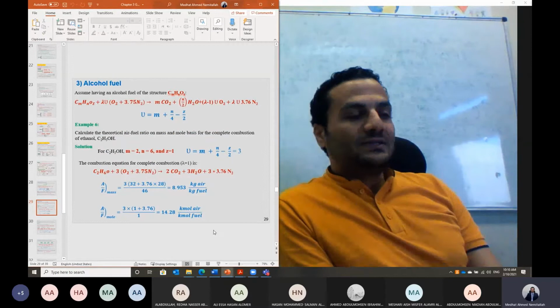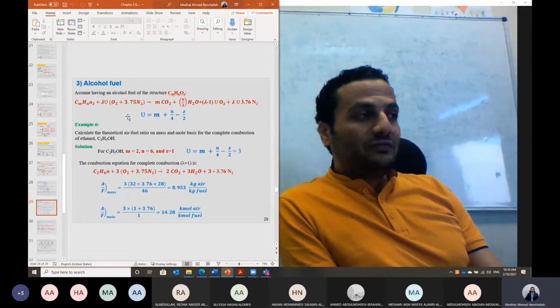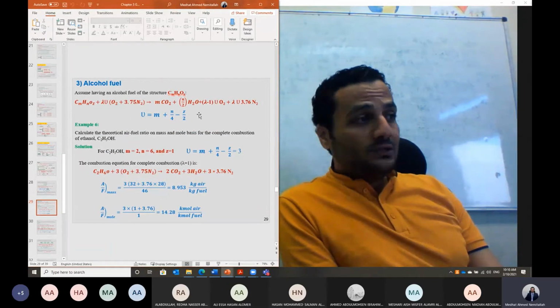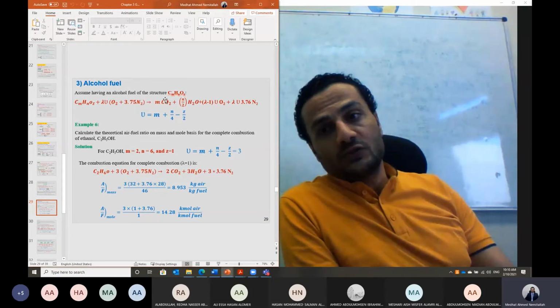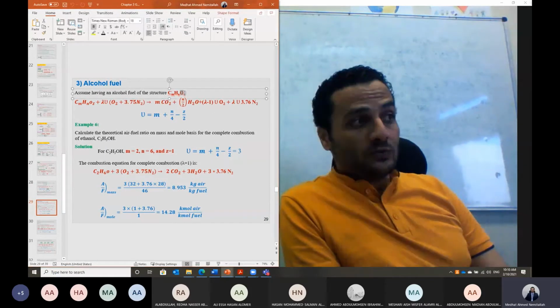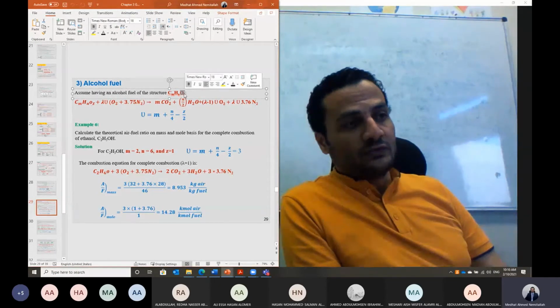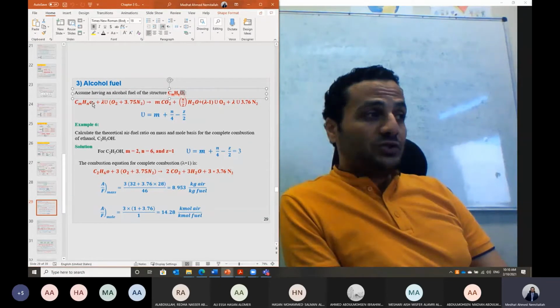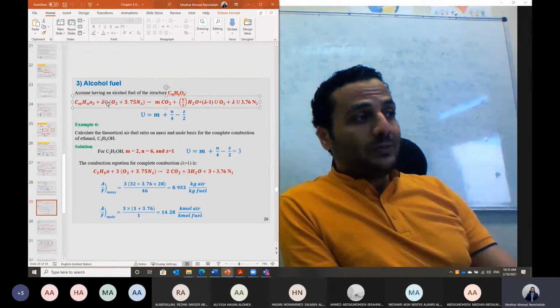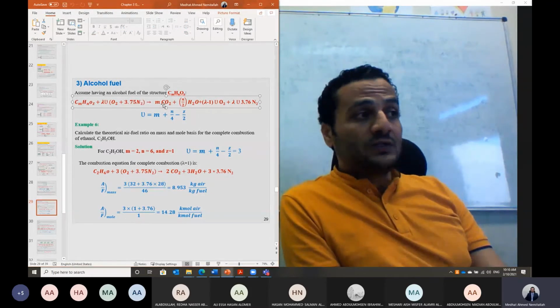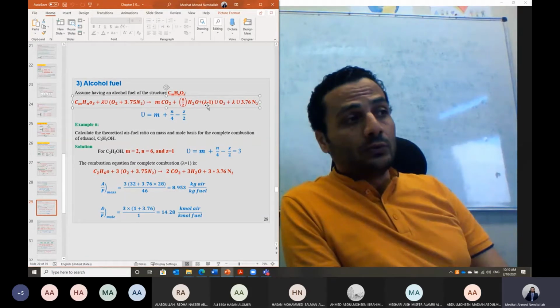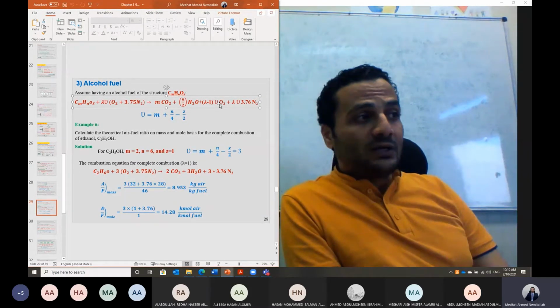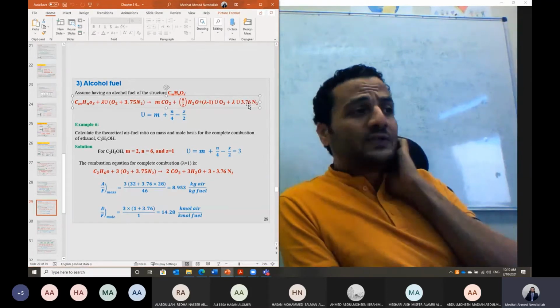طيب, the third stage: if we have alcohol fuel, it is just hydrocarbon fuel, but it is oxygenated fuel. So we have some oxygen in the structure of the fuel in this case. When we write down the combustion equation, it will be the same way, plus lambda gamma of the air, that should give us MCO2 plus N over 2 H2O, plus lambda minus 1 gamma O2 plus lambda gamma 3.76 N2.